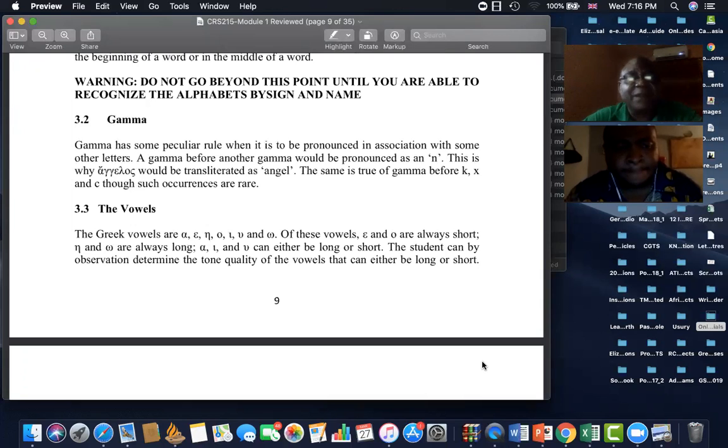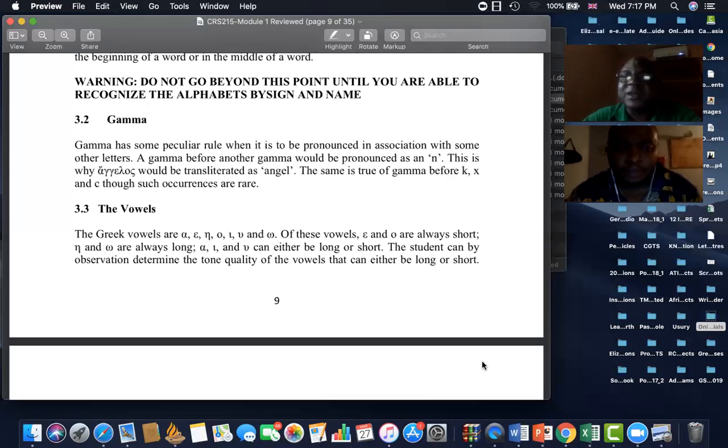Gamma is an alphabet that has a peculiar rule. When gamma is followed by gamma, kappa, xi, or chi, gamma will be pronounced as a nu.